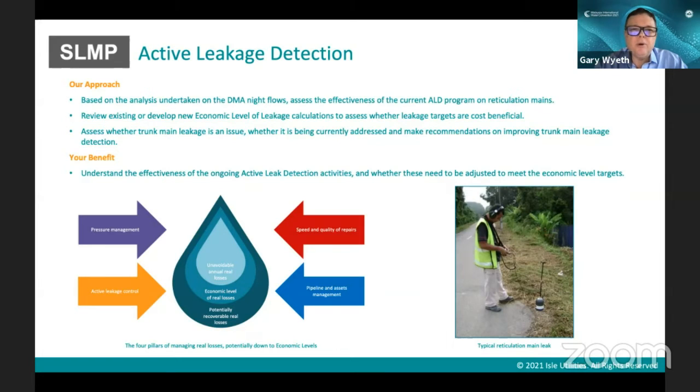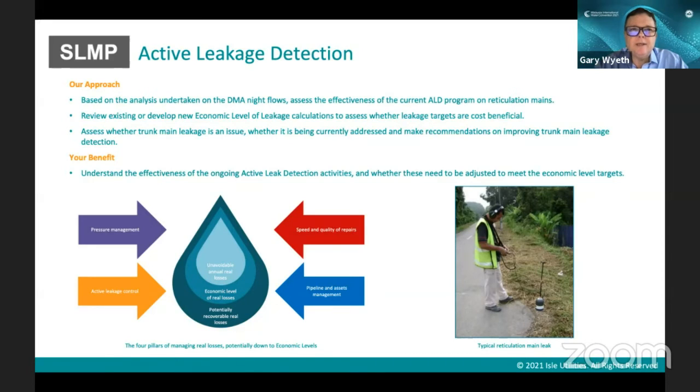And to do it properly and effectively, you actually need to spend quite a bit of money with some very good equipment that's specially designed for finding leaks on trunk mains. And therefore, a lot of utilities will just claim that they don't have any leakage on their trunk mains. But it's probably true to say that most utilities will have leaks on their trunk mains.